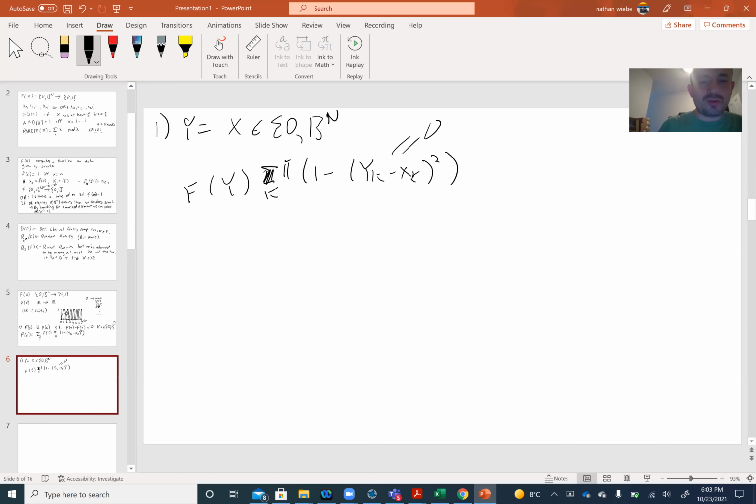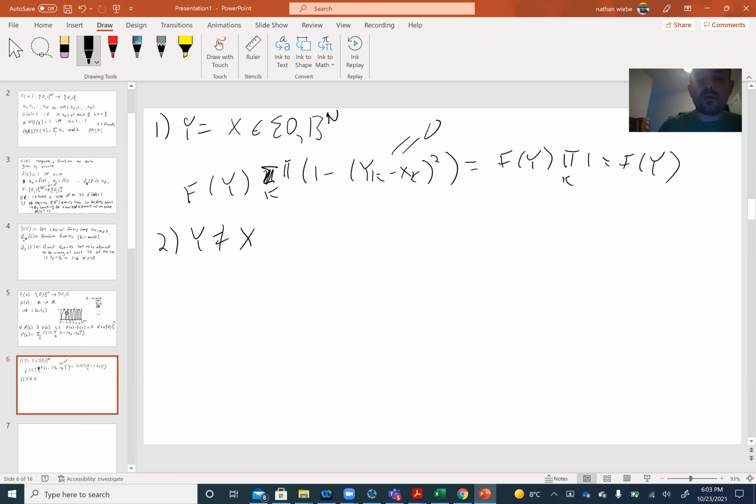Okay. So if that's 0, then we end up getting f of y times a product over k of 1, which is equal to f of y. The second case that we need to take a look at is the case where y is not equal to x.